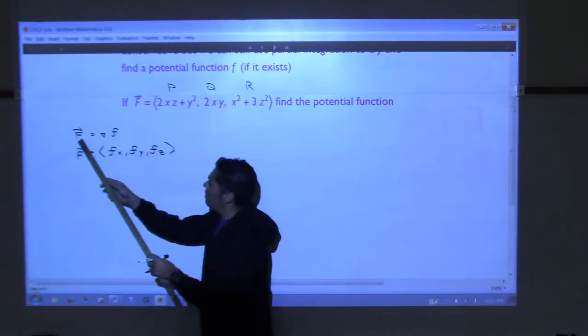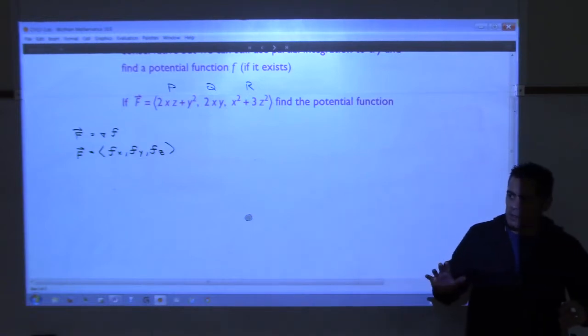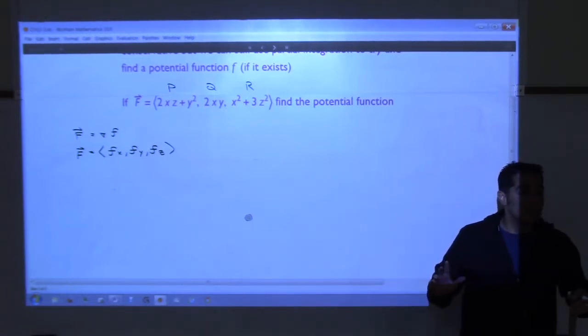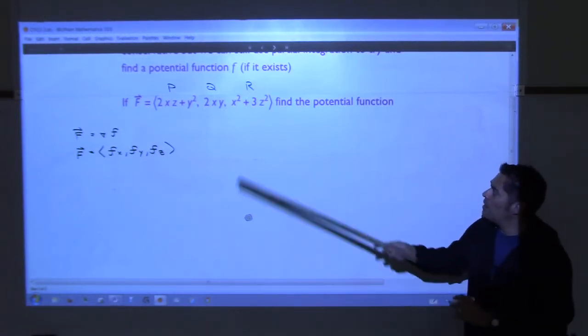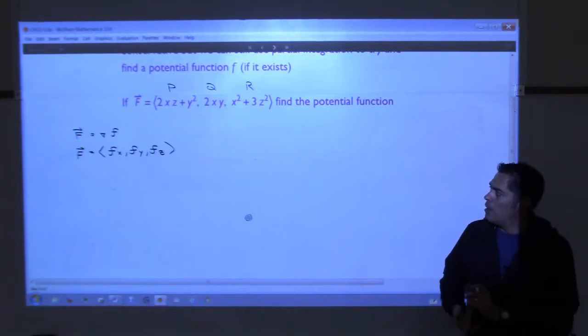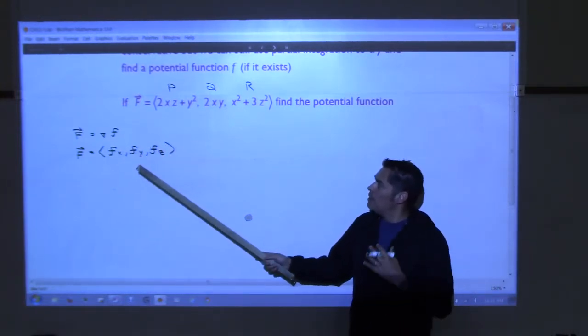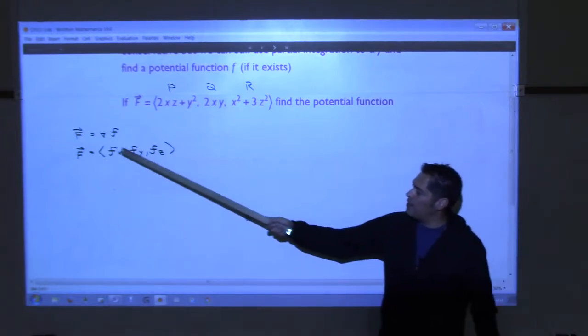Why do we know that F is the gradient of little f? How do we know that? How do we know that this is conservative? Yeah, we are going to check this, but how can I write this down?